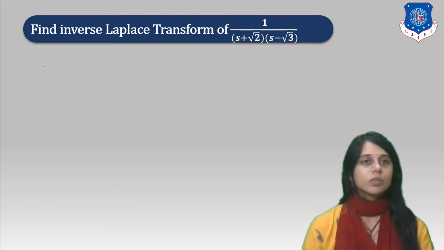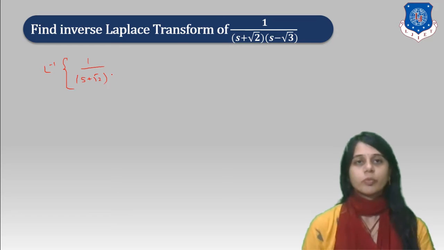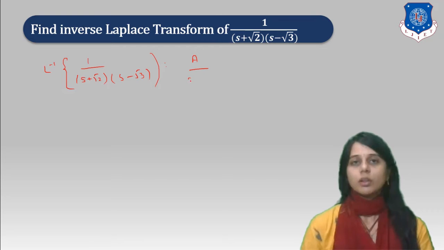What is our equation 1? Equation 1 says that 1 upon (s plus root 2)(s minus root 3) equals A upon s plus root 2 plus B upon s minus root 3. Now we apply Laplace inverse.